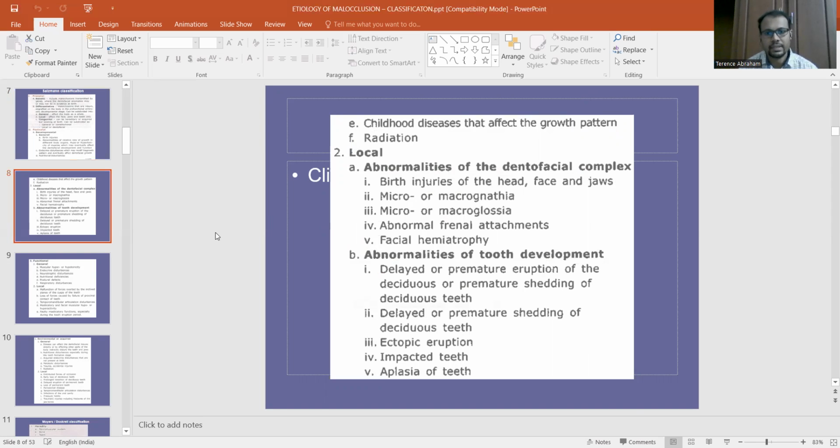Coming to local factors. Local factors involve abnormalities of the dentofacial complex and abnormalities in tooth development. These are the two subdivisions of the local factors.